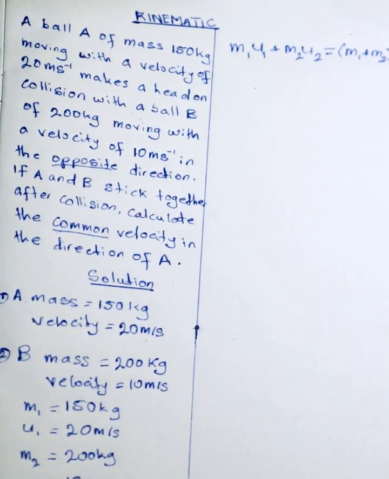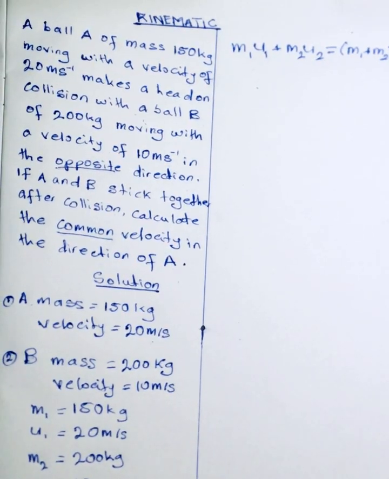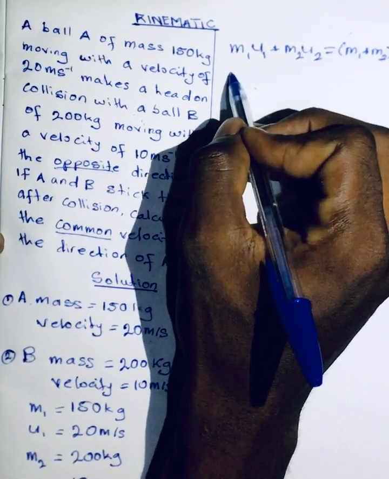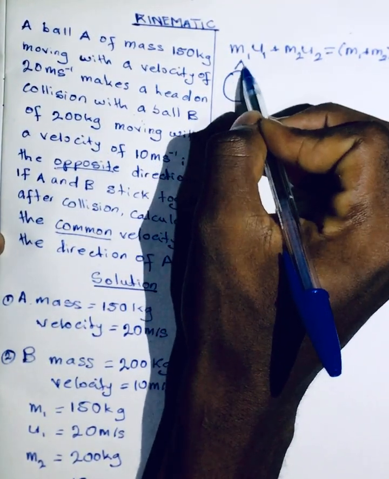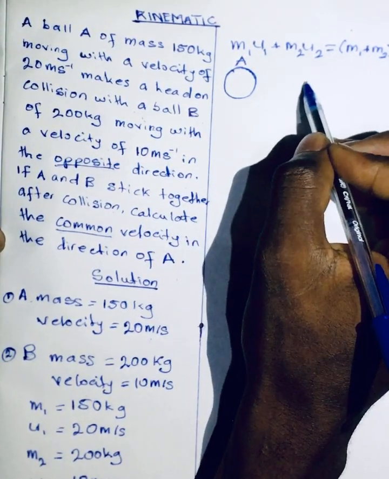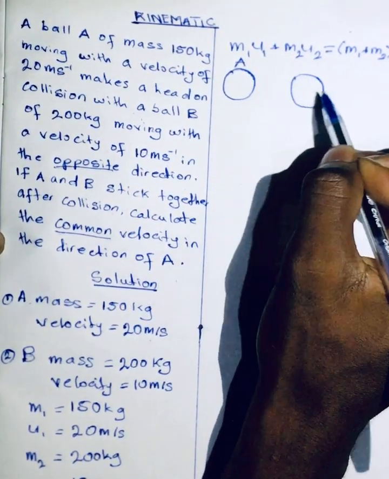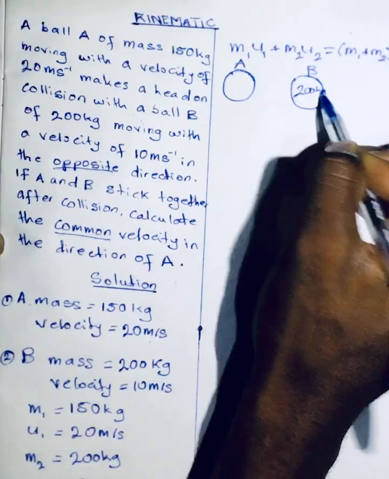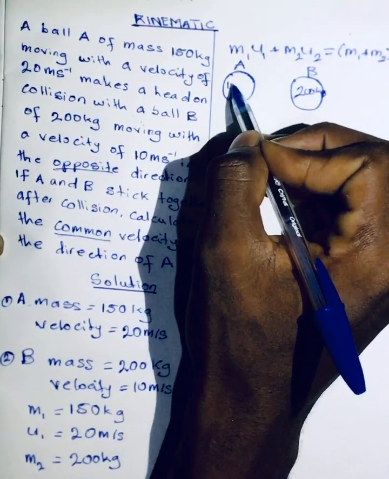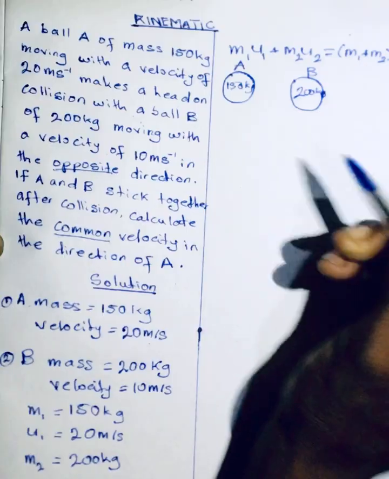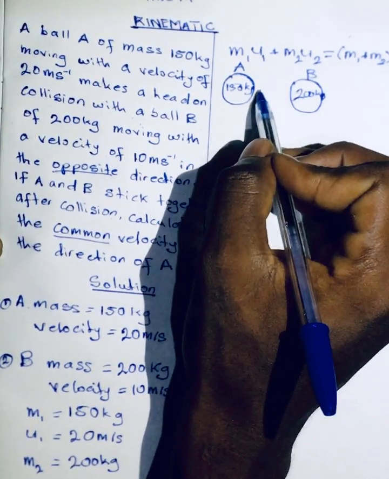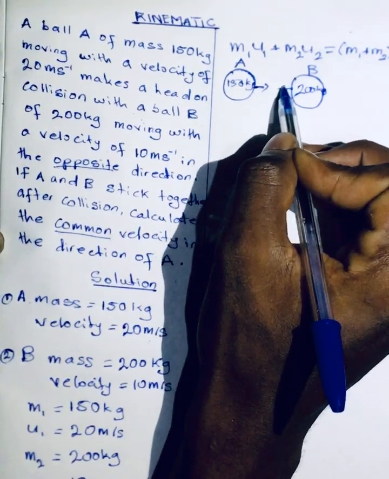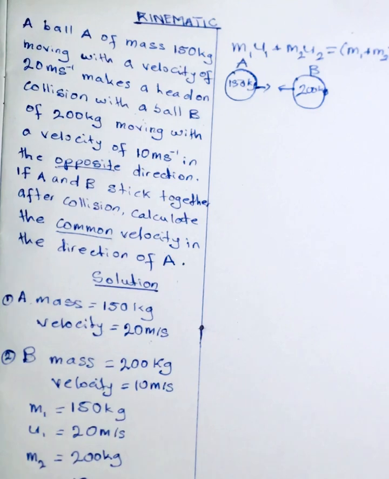So let's take a look at the diagram carefully. Let's say this is body A, then this is B. This is the 200 kg ball, then this one is the 150 kg ball. The body A is moving in this direction, then this one is moving in the opposite direction to it.